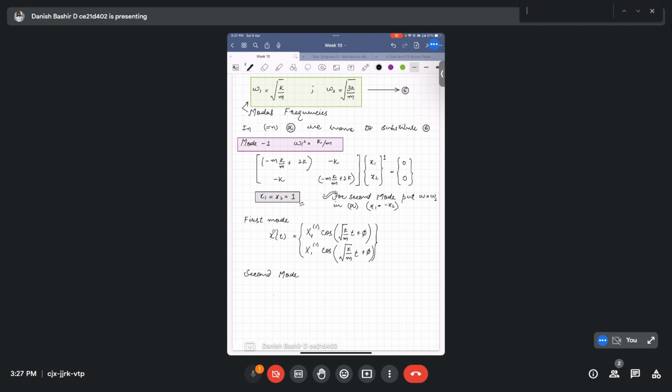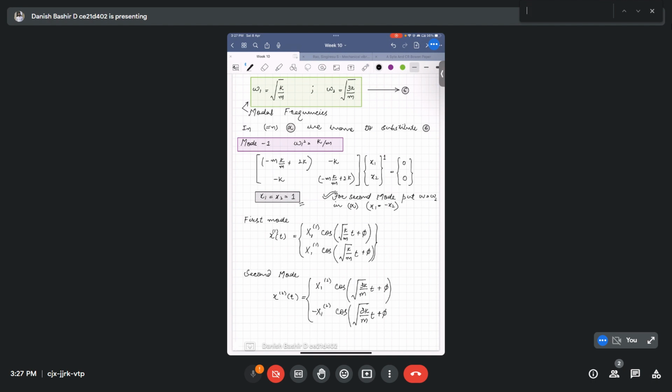So for the second mode, x of t will be equal to x1 of 1 cos, here it will be the natural frequency of this mode, root 3k by m, t plus phi, and for x2, sorry, it's not 1 here, it's 2, minus times cos root 3k by m of t plus phi.